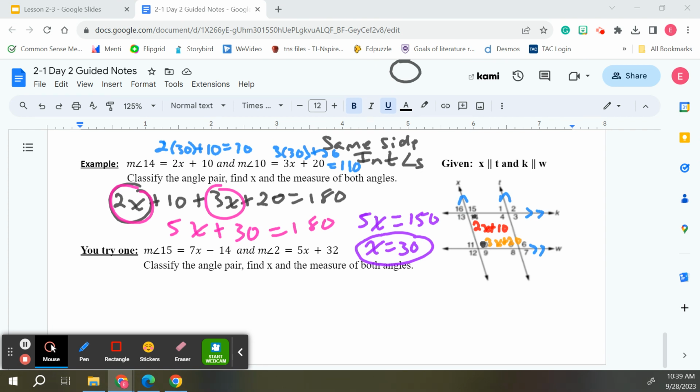What do we get as our answer? Someone tell me the measure of angle 15 and then the measure of angle 2. What's the measure of angle 15 here? They would be congruent, so you only have to give me one. What'd you get? 147? Yeah, that's correct.